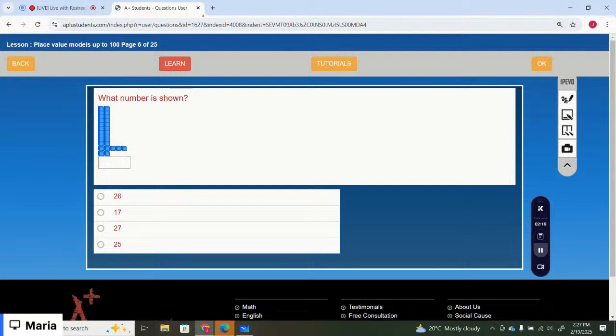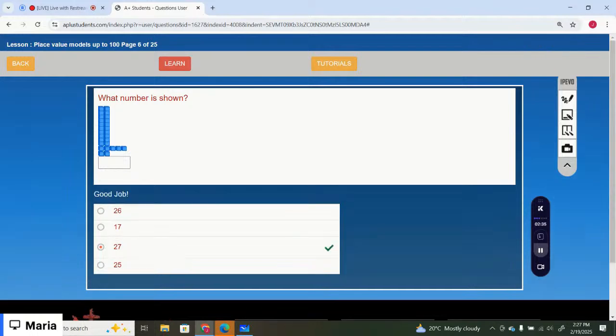What number is shown? That is two tens and 7 ones. Option number 3 is the correct option. That is 27.